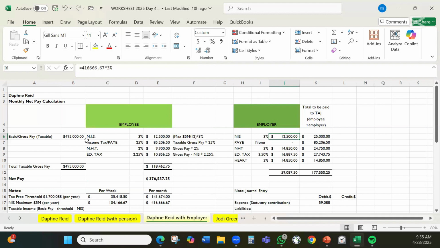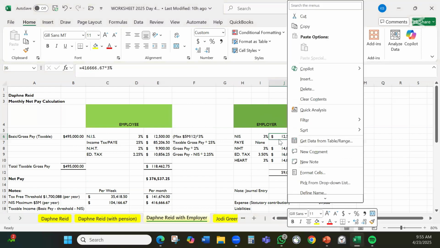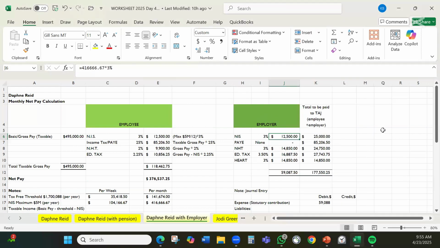Based on the earning here, remember we spoke about if it was above the 5 million, or 41,666.67 for the month, then they would stop right there. They wouldn't pay any more. So the employer would match that NIS that the employee pays. The employee pays 12,500. The employer is going to pay 12,500 as well.